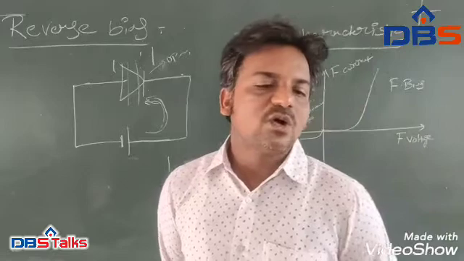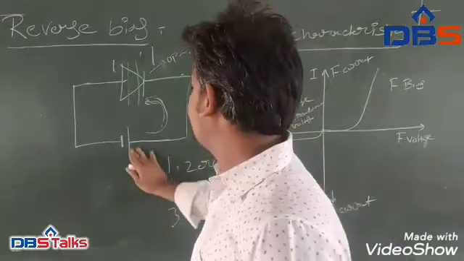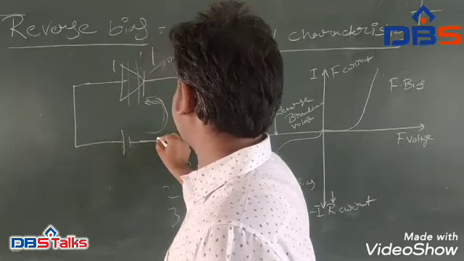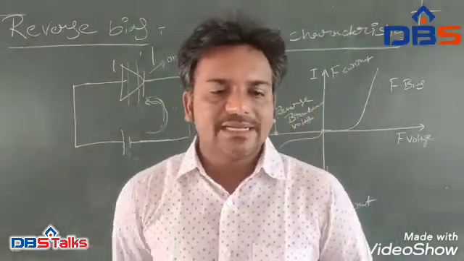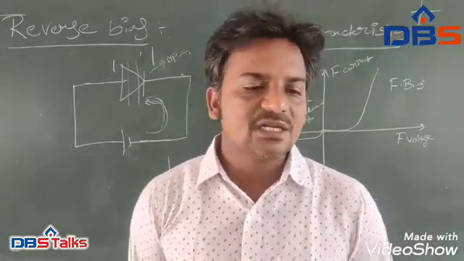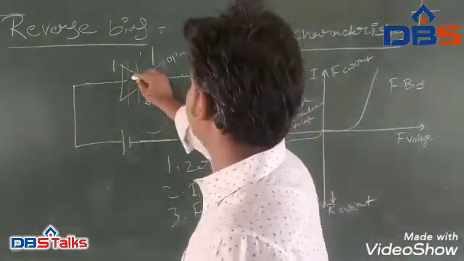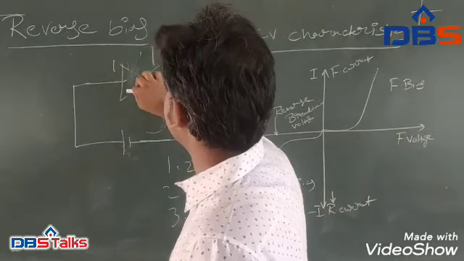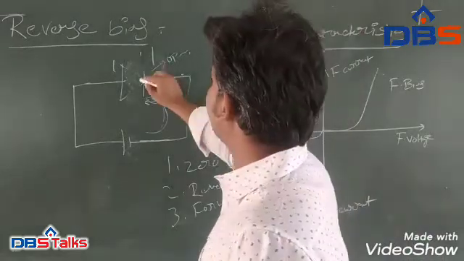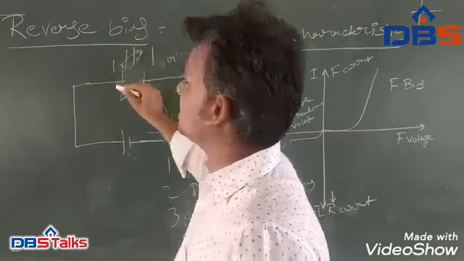Next one, forward bias. The voltage potential is connected positive to the P-type material and negative to the N-type material across the diode, which has the effect of decreasing the PN junction diode's width. That means the width between the P-type and N-type material closes, and it acts like a closed switch.